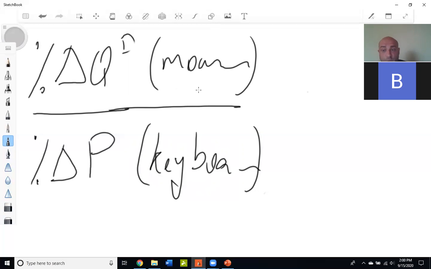You need them both together to be able to use your computer. Right now, I have a mouse and I have a keyboard attached to my laptop. So I need them both working together to be able to use my laptop. When price of keyboards go up, what would happen to the quantity of demand for a mouse?